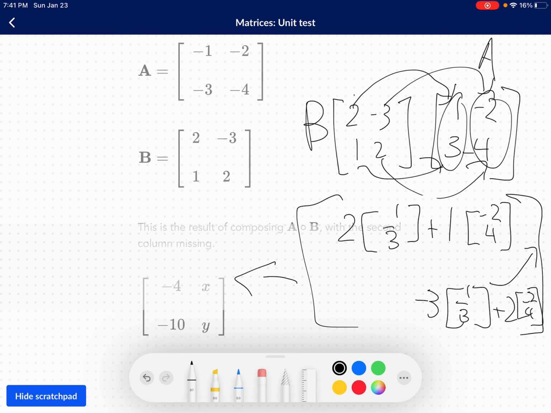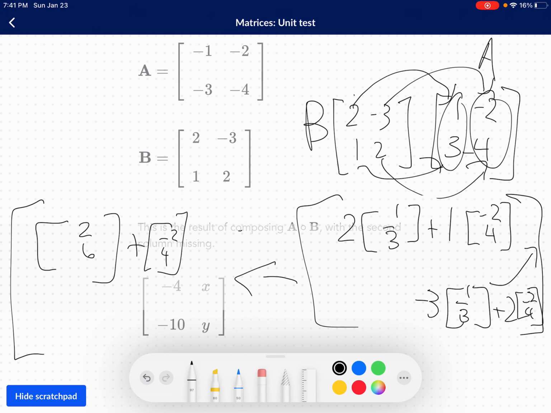And when you evaluate, you get 2, 6 there, plus -2, 4, and to the side of that is negative 3, negative 9, plus, wait, that's negative 2, right? Oh yeah, this is negative. Let's not forget that. Let's not mess that up. Negative 9, and plus negative 4, negative 8. Add both these up. You get 0. Wait.